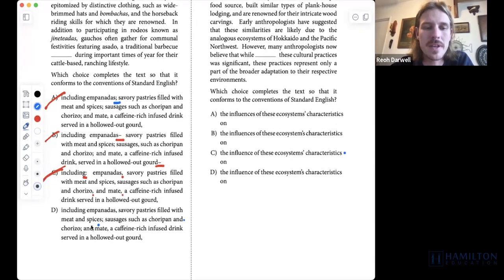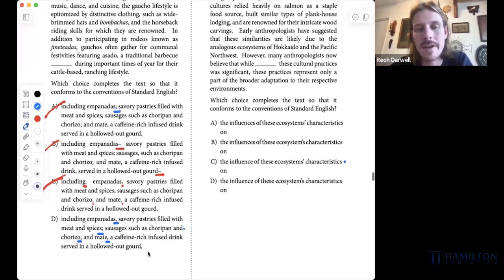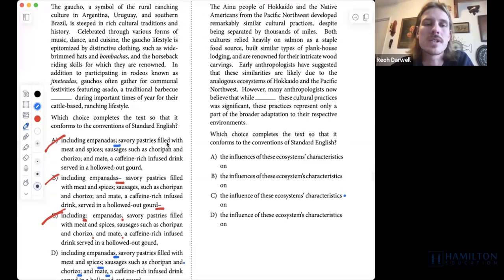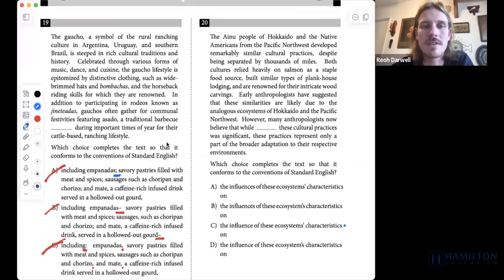It does the proper thing of using a semicolon to separate our items in our list and commas to introduce the explanations for the items of that list. So D does everything right. A, B, and C make mistakes. That is how we arrive at D for this long, kind of confusing, but ultimately fair question 19.